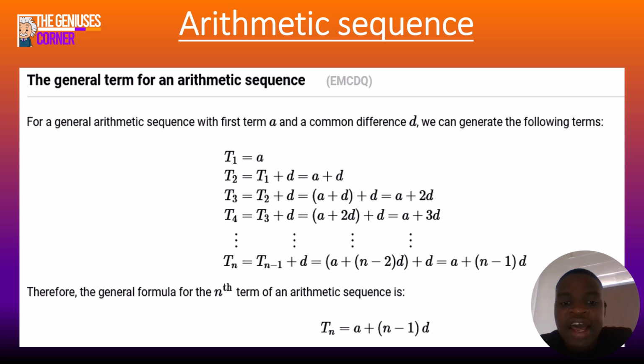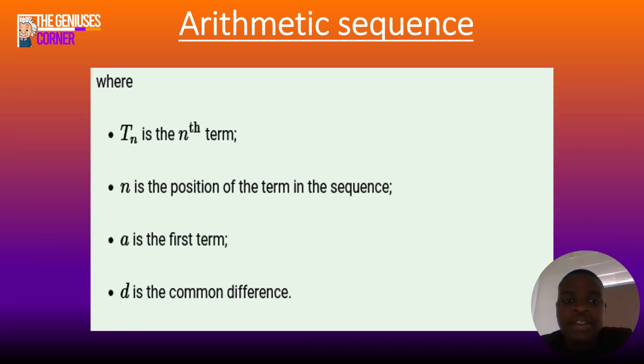From that, we can derive this equation: Tn is equal to a plus (n minus 1)d, where Tn is the nth term, n is the position of the term in the sequence, a is the first term, and d is the common difference.